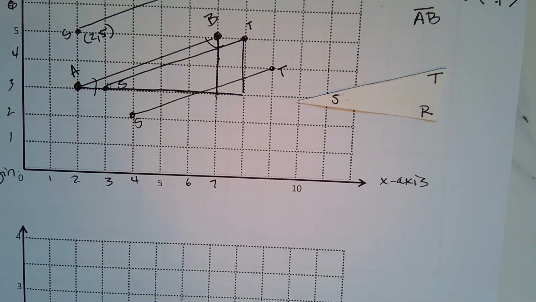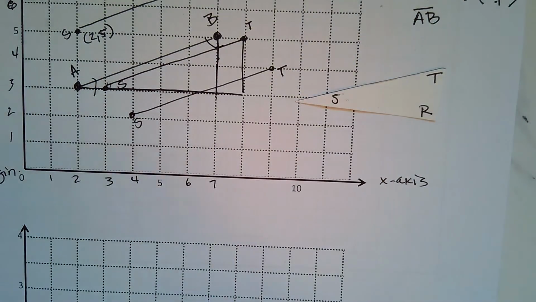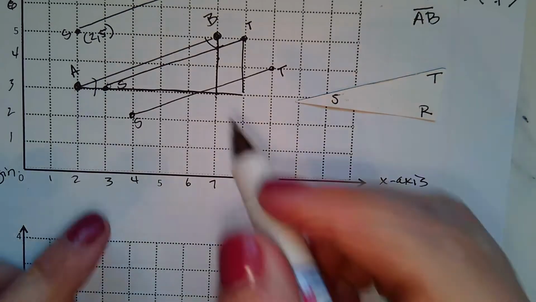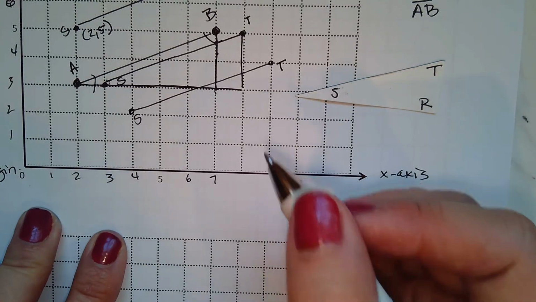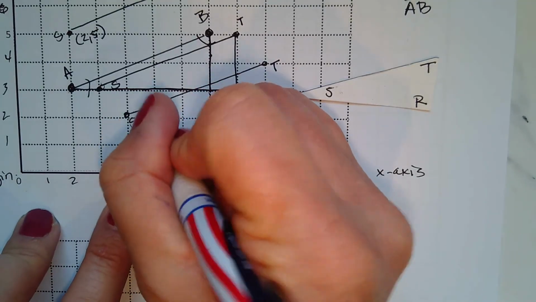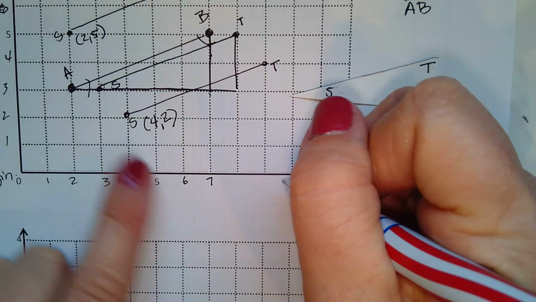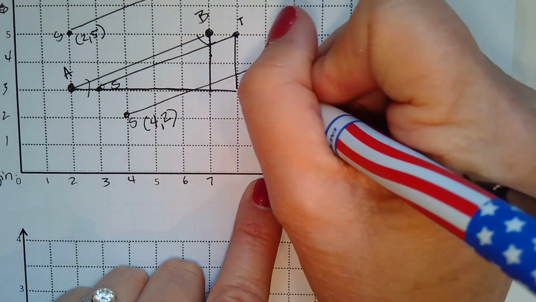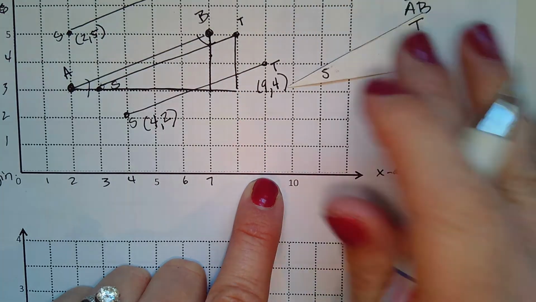And I want you to be able to label the coordinates of S and T. What is the coordinate pair for the new ST? Can you do it? It should be 4, 2. And T is going to be 9, 4.